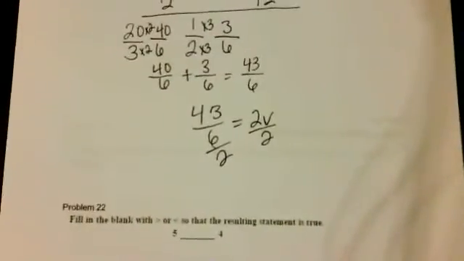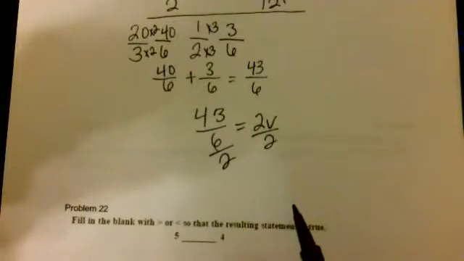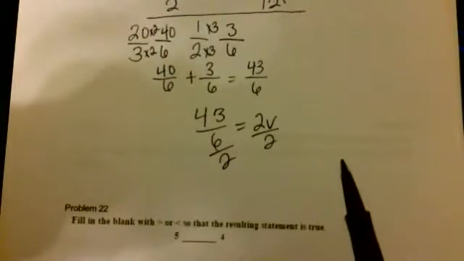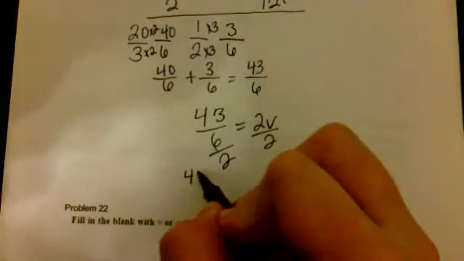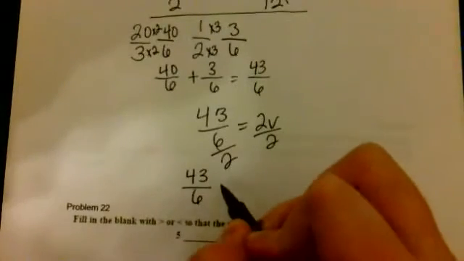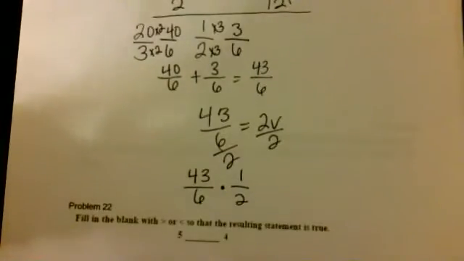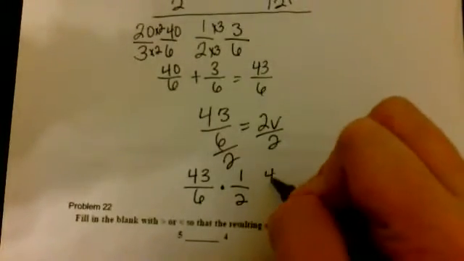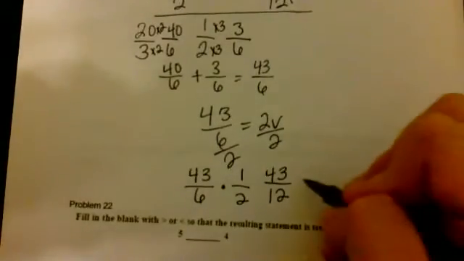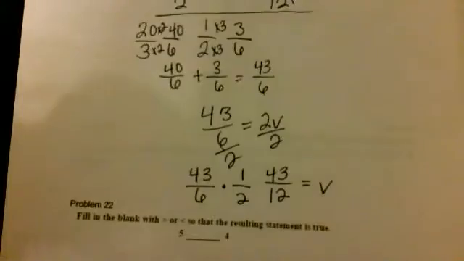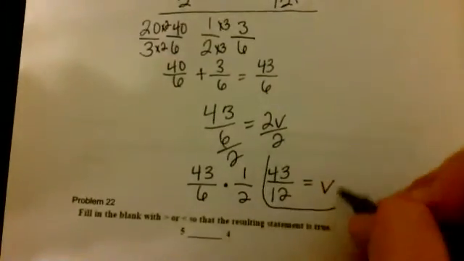And dividing by something is the same thing as if we flip it and multiply. So this looks like this: 43 over 6. Dividing by 2 is the same thing as multiplying by 1/2. So we see that this gives us 43 over 12 is equal to v. And that is our answer.